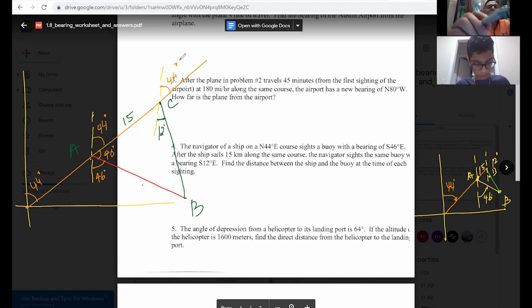180 minus that, how much is left? 180 minus 44 minus 12. No, sorry, 124. Minus 12. How much do you get? 124. So this is 124.